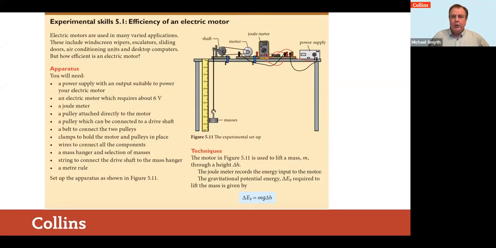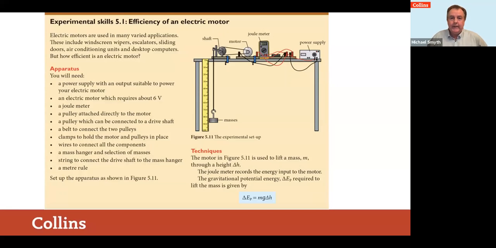This slide just shows the background to the experiment. And I should mention that one of the big advantages of the Collins experimental skills sections is these are specifically written so that students don't have to do the experiment. It was way before lockdown or any school closures, planned school closures, that we wrote this.